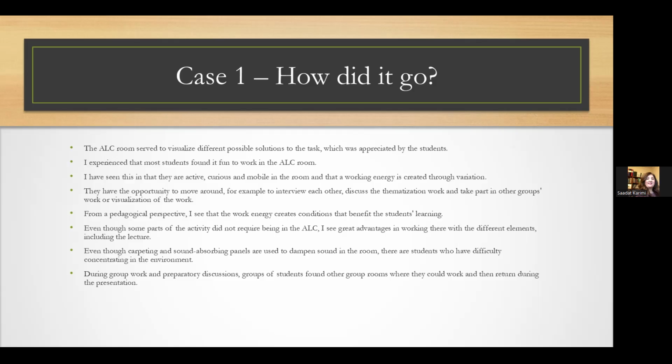There are students who have difficulty concentrating in the environment. During group work and preparatory discussions, groups of students found other group rooms where they could work and then return during the presentation.